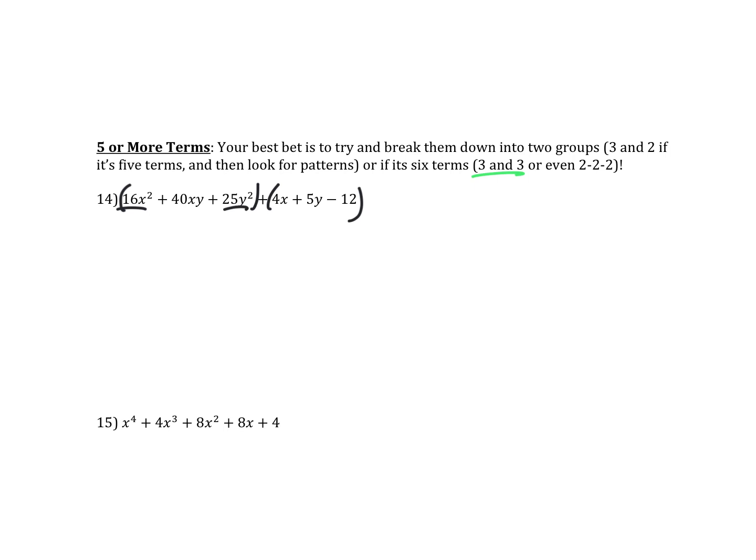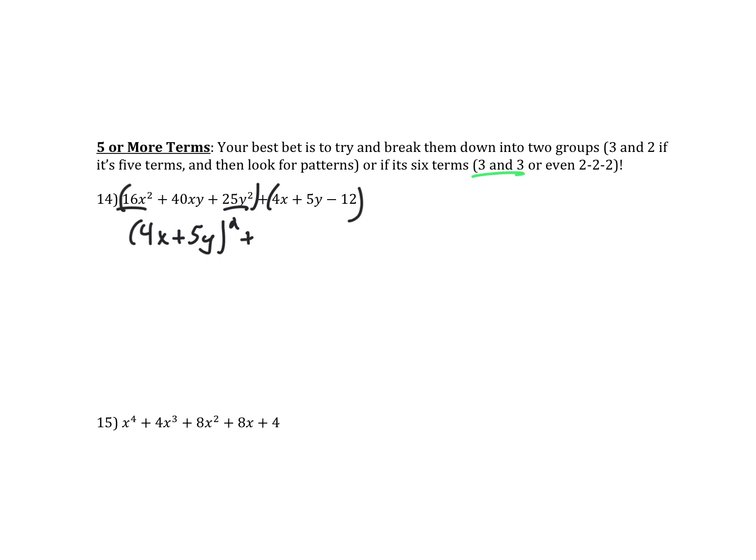So if that's the case, I could factor this to (4x plus 5y) squared. And you'll notice the middle terms will sum to 40xy. So factoring 16x squared plus 40xy plus 25y squared yields me (4x plus 5y) squared.